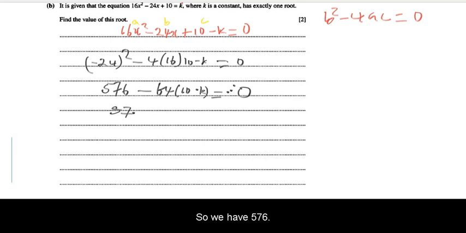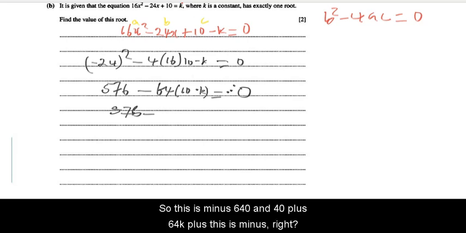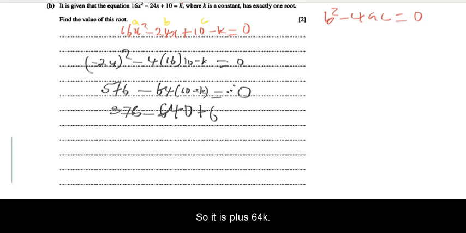So we have 576 minus, what is 64 by 10? 64 times 10 gives you 640. So this is minus 640 plus 64k. Plus this is minus, right? So it is plus 64k.